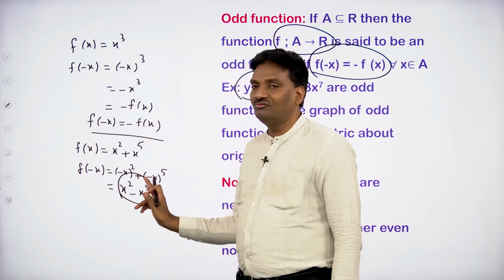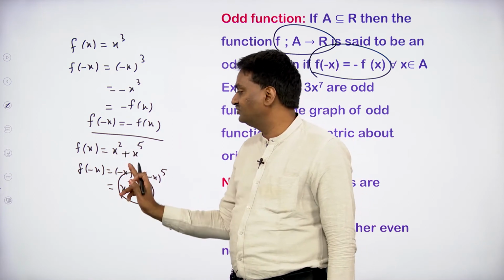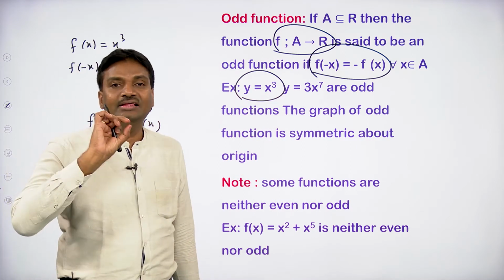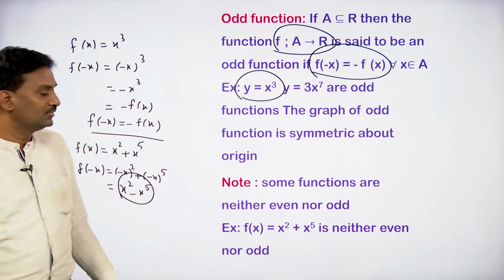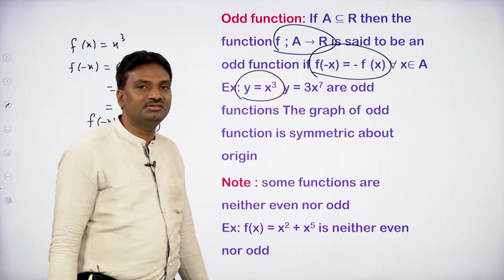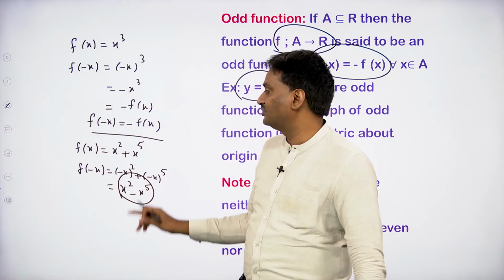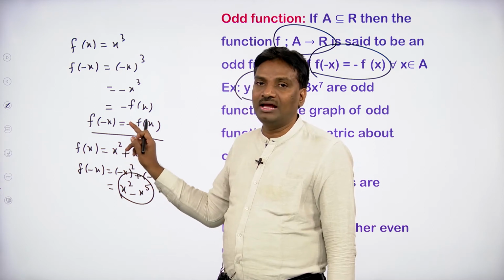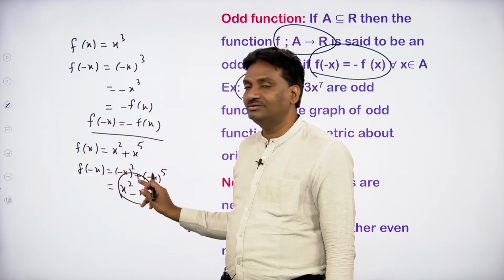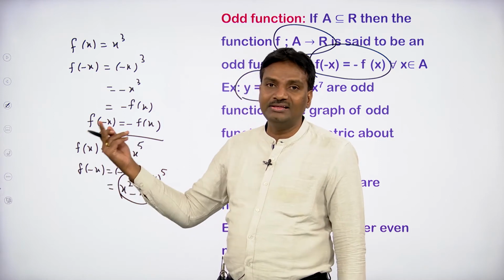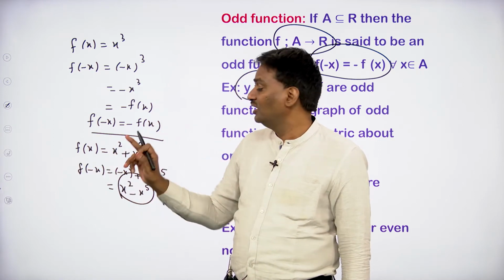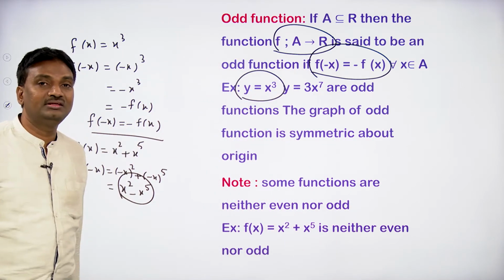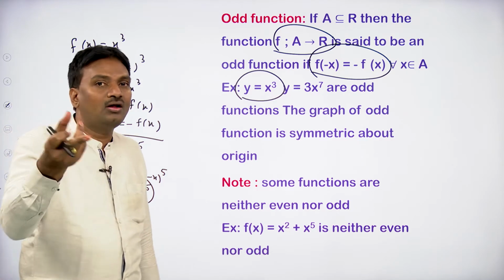So we can say the function x square plus x power 5 is neither even nor odd function.